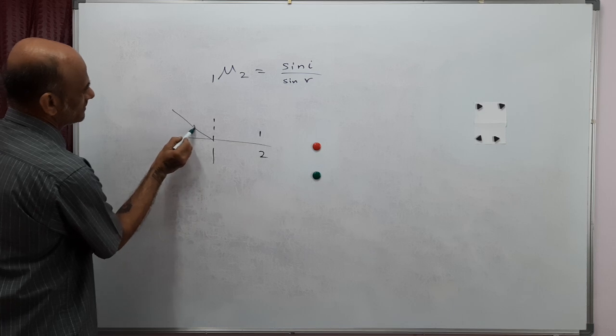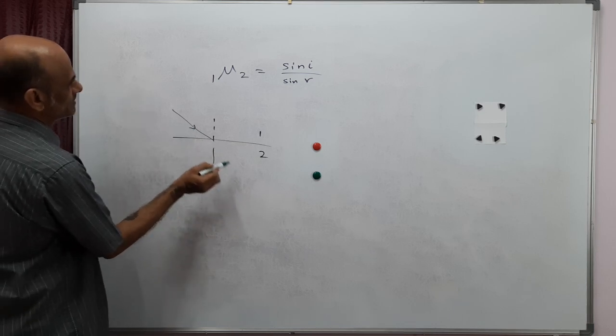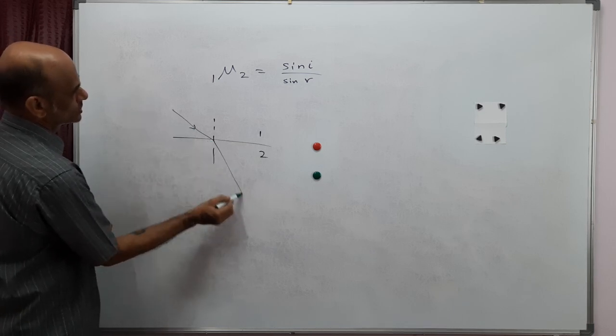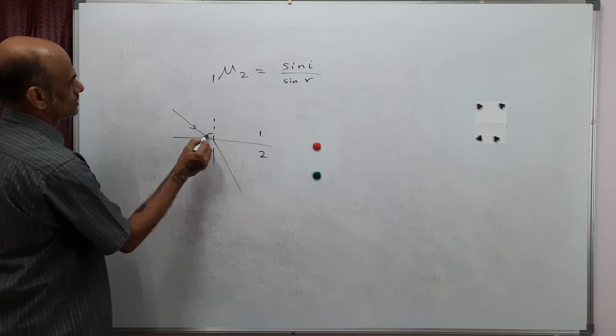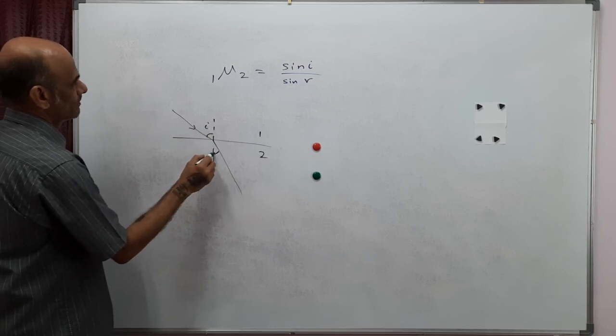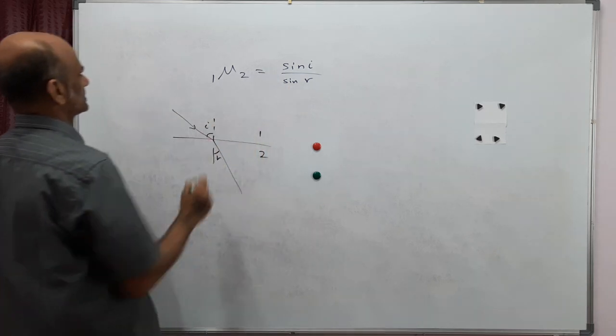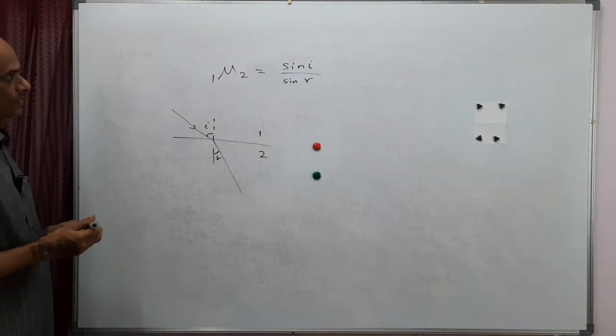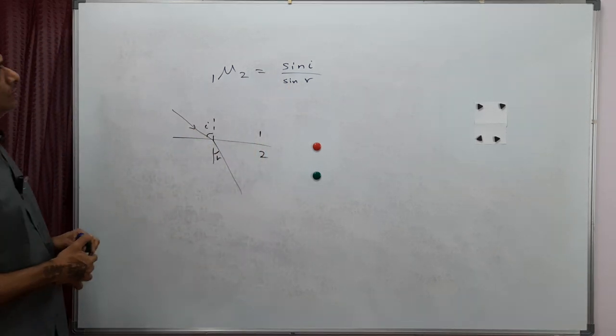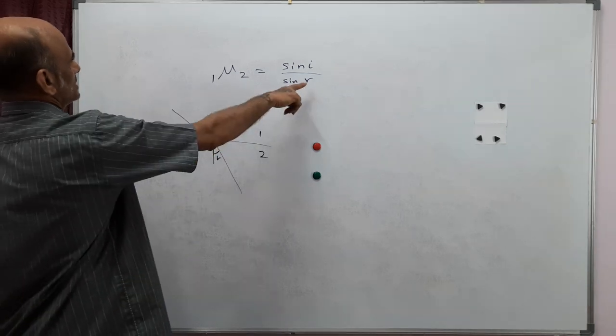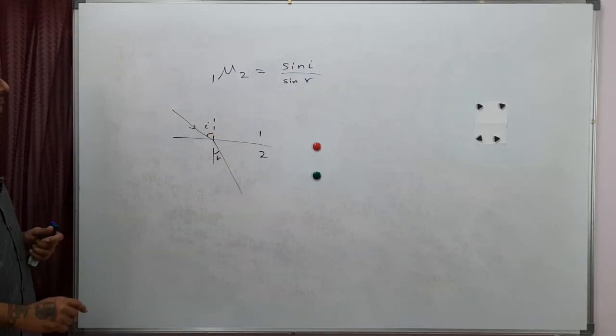This is the incident ray. And if this is a denser medium, the second medium, we'll go closer to the normal. So this is I, this is R. So the refractive index of the second medium with respect to the first medium is sin I by sin R. So if this is greater than 1, it means I is greater than R.